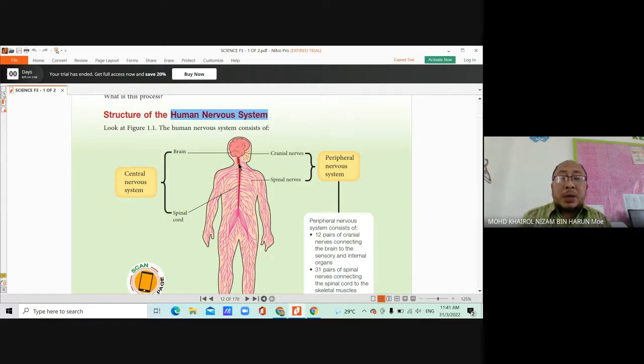From the brain there is a spinal cord, and then the branches of the brain and spinal cord are exactly the nerves. So the cranial nerves come out from our brain, and the spinal nerves come out from the spinal cord. We categorize these as the peripheral nervous system.